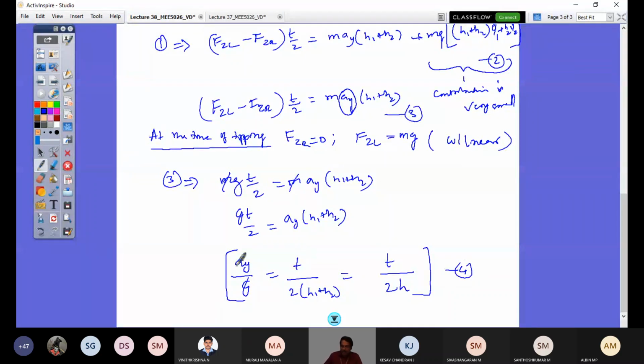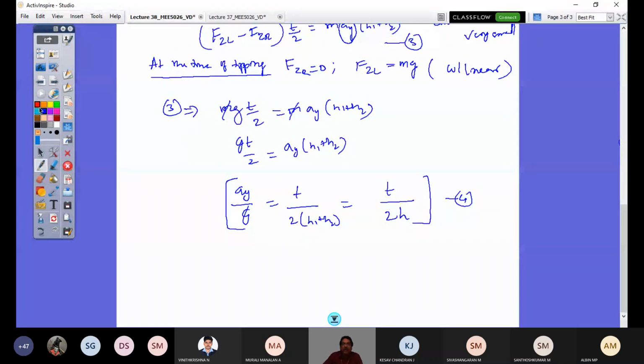So this is the limiting value of the maximum lateral acceleration a_y by g that can be felt just before the rollover, right?